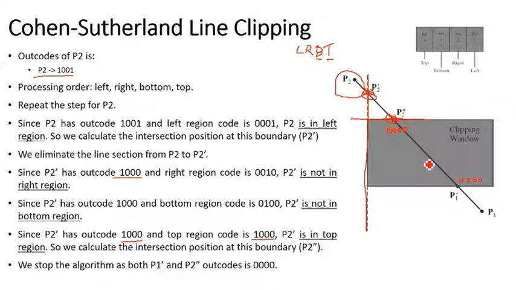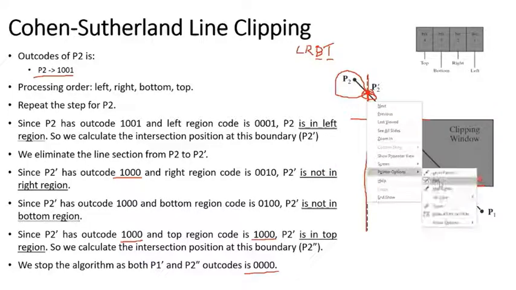Now the line under consideration is P1 dash and P2 double dash. Now if you see, the OR operation between these two is the stop condition. The OR operation will give me false. Since it gives me false, I stop my algorithm. So this is my Cohen Sutherland algorithm, guys.